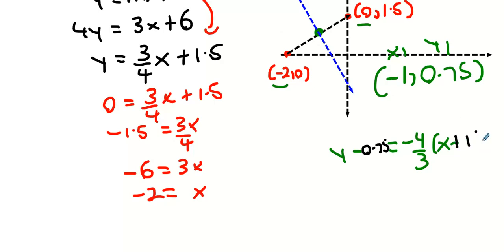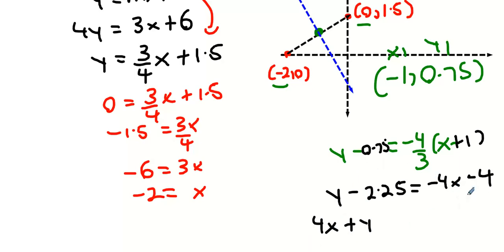Multiply it by 3. Then we get y minus 2.25 equals minus 4x minus 4. Bring it all to one side. 4x plus y, and then minus 2.25 add on 4. Minus 2.25 plus 4. That's 3y, isn't it? And multiply across. 1.75.